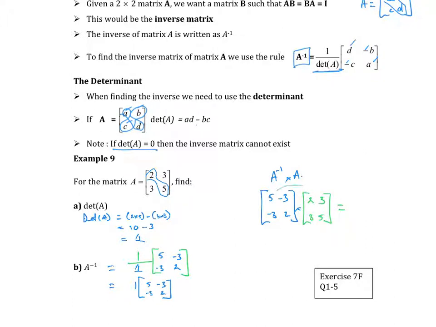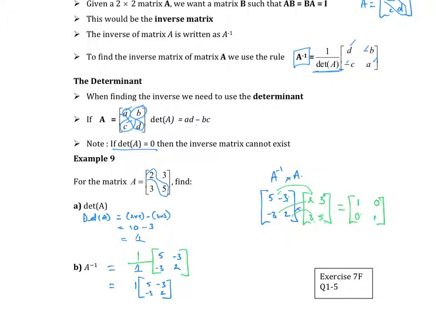I get 5 times 2 plus negative 3 times 3, which is 1. 5 times 3 minus 3 times 5, which is 0. Negative 3 times 2 plus 2 times 3, which is 0. And then I get negative 3 times 3, which is negative 9, plus 2 times 5, which is 10.